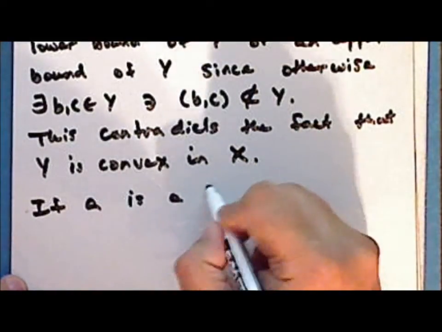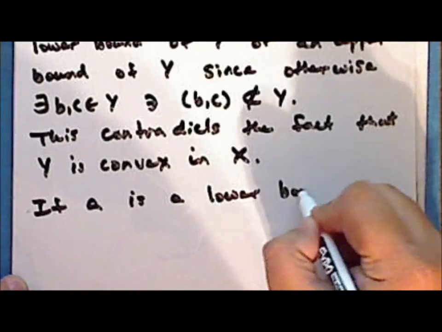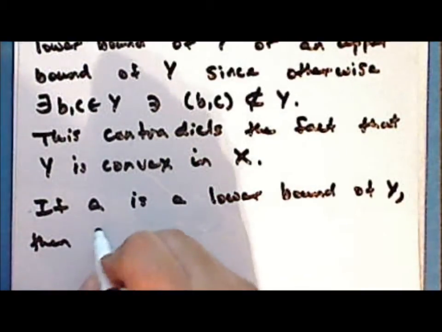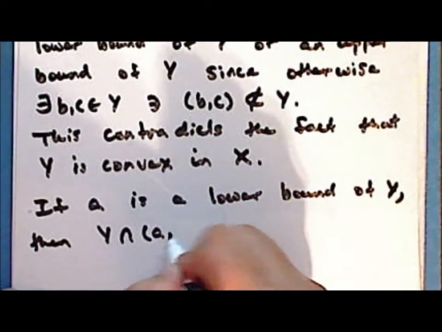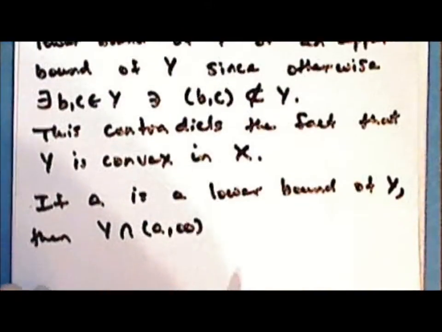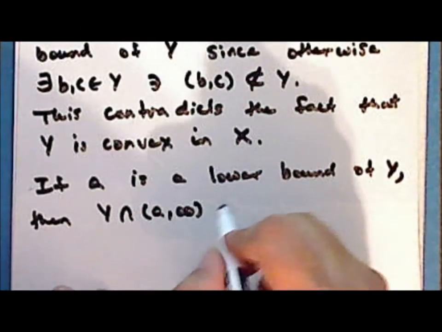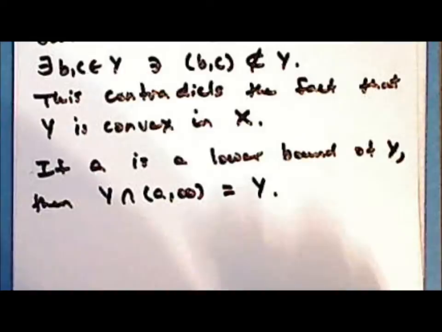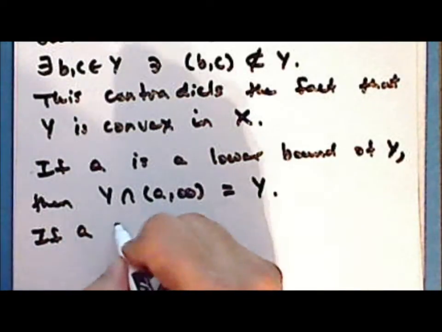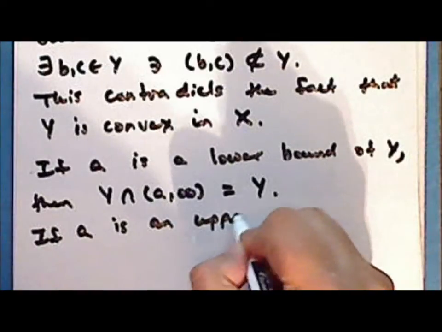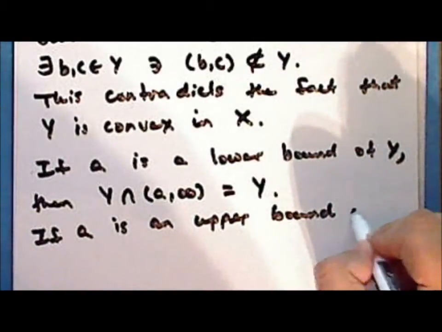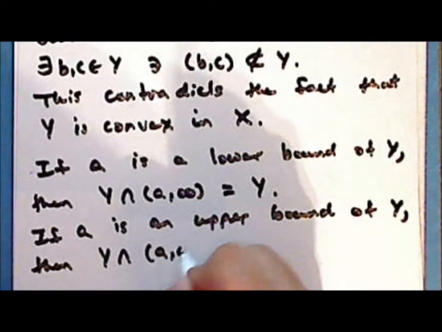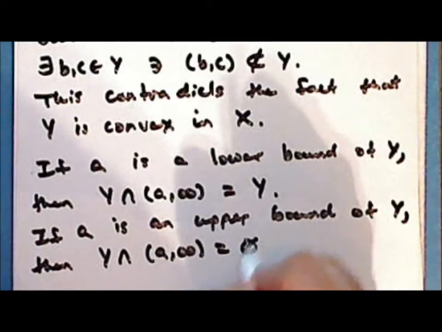So if A is a lower bound of Y, then the intersection of Y with the open ray from A to positive infinity is the set Y, and if A is an upper bound of Y, then the intersection of Y with the open ray from A to positive infinity is the empty set.